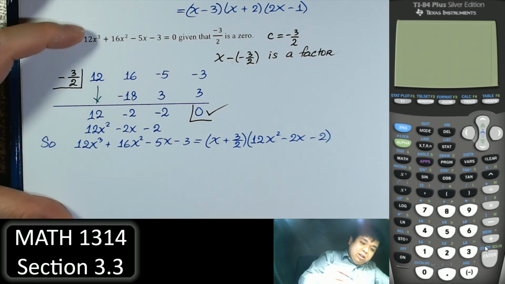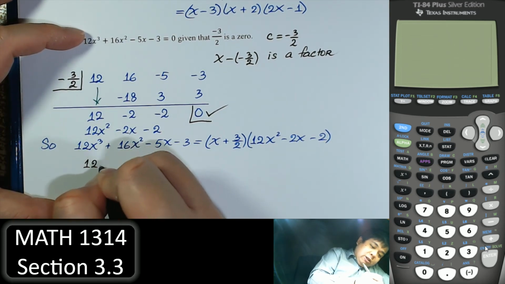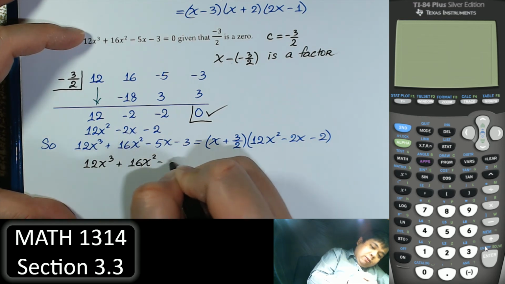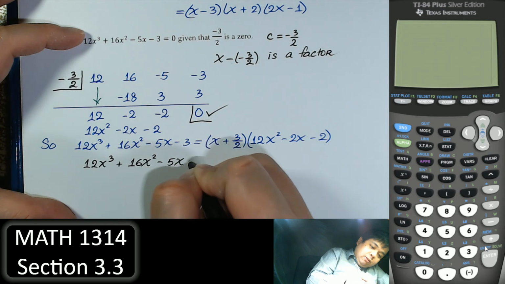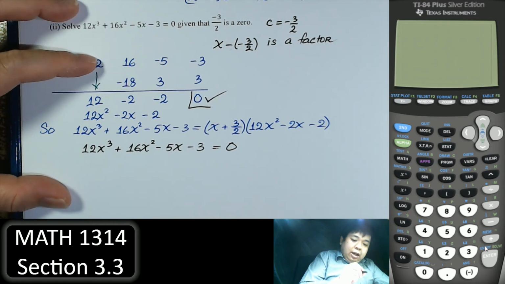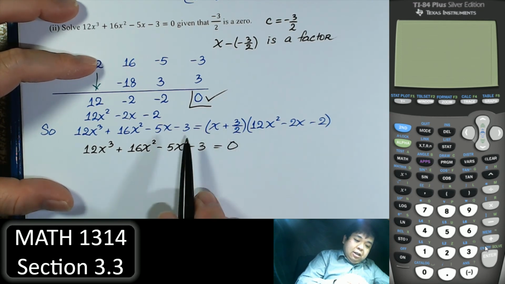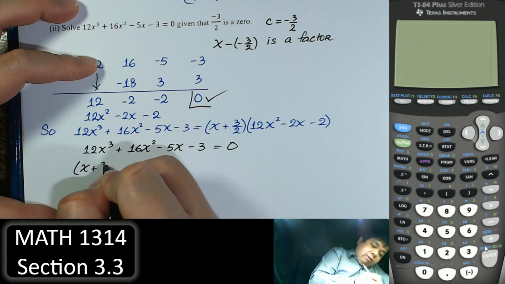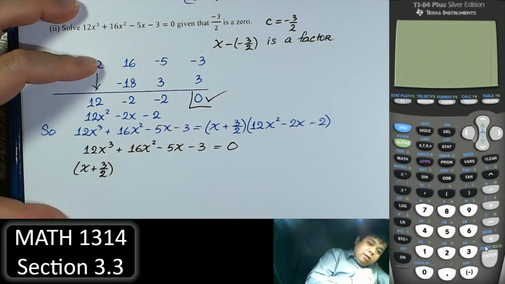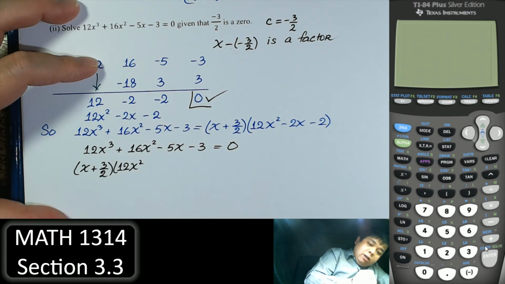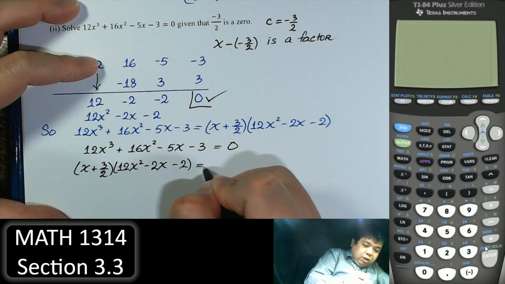Now get back to the polynomial equation. Now, this polynomial is factored into x plus 3/2 times 12x squared minus 2x minus 2 equal to 0.